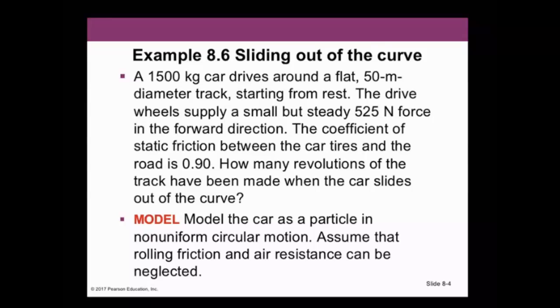The coefficient of static friction between the car tires and the road is 0.90. How many revolutions of the track have been made when the car slides out of the curve? In this example, we'll model the car as a particle in non-uniform circular motion and assume that rolling motion and air resistance can be neglected.